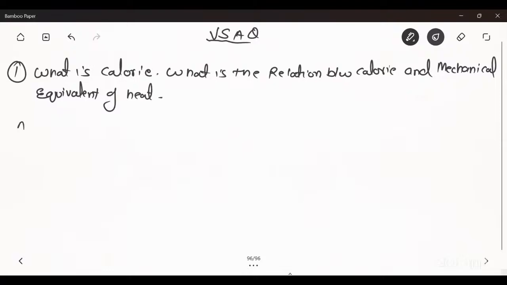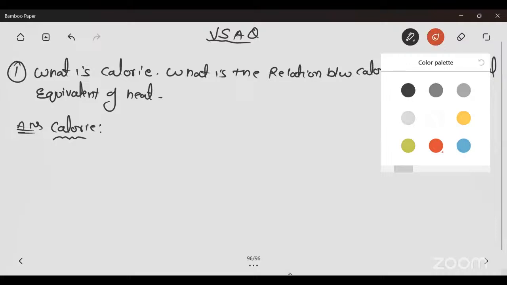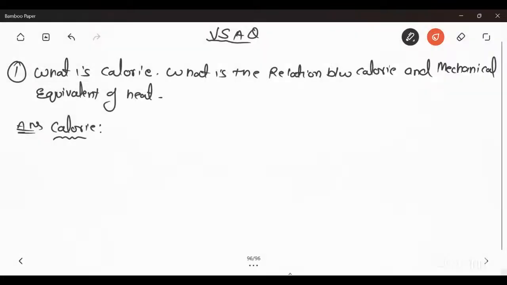So, firstly, define the calorie. Calorie is a unit of heat.